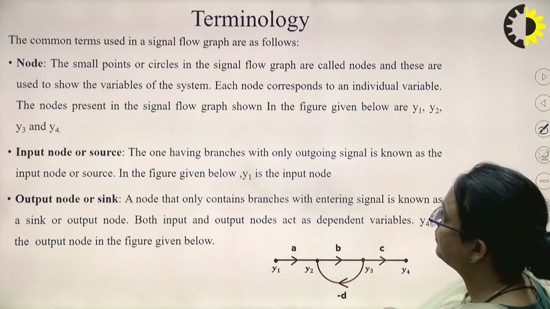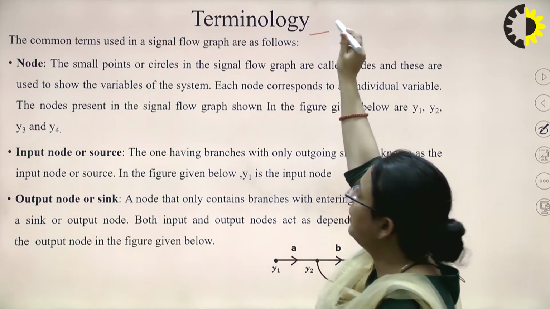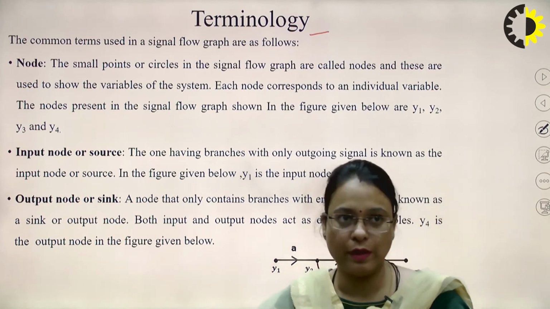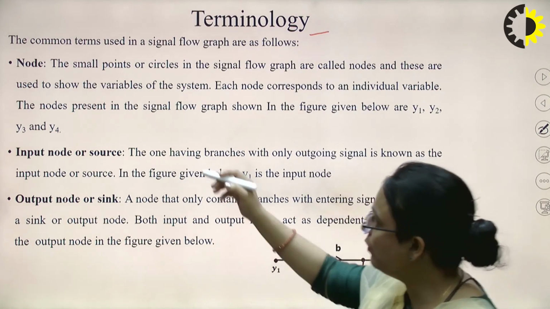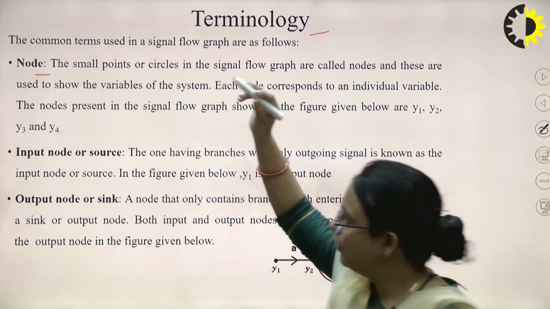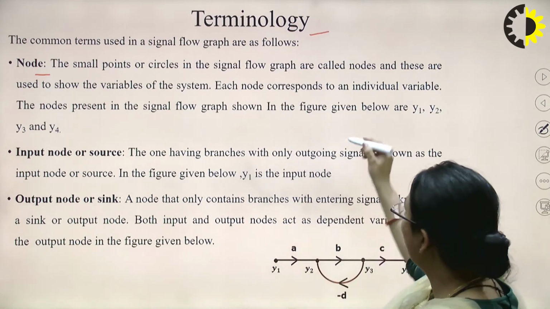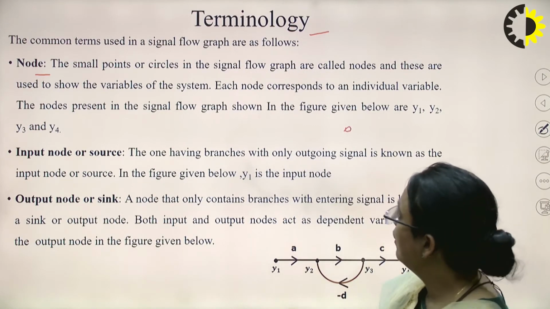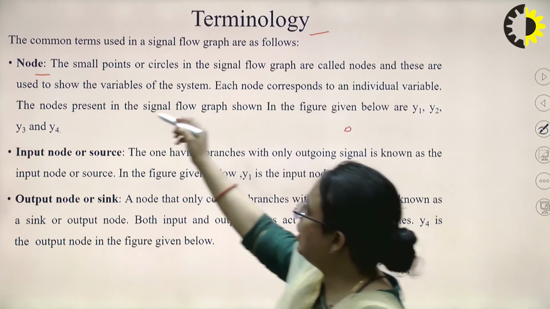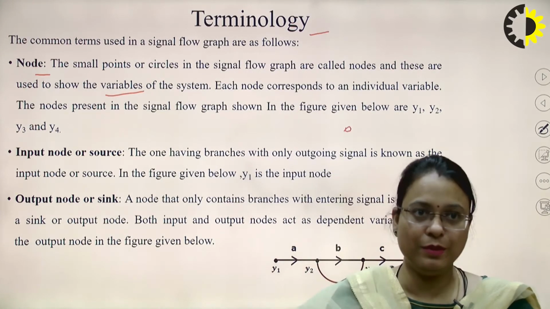Now the terminologies that are being used in defining the signal flow graph. I have already told you, the first one is the node. The node is represented by small circles, and these are used to show the variables of the system.